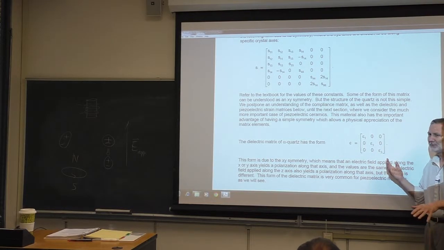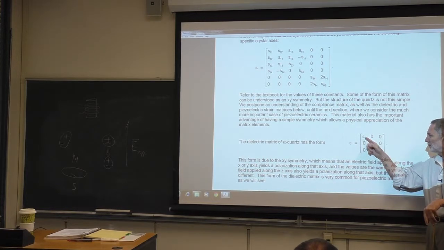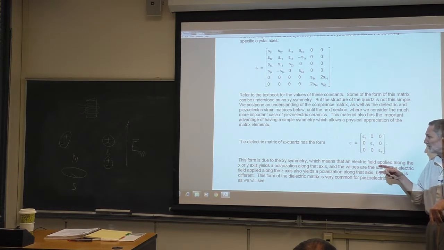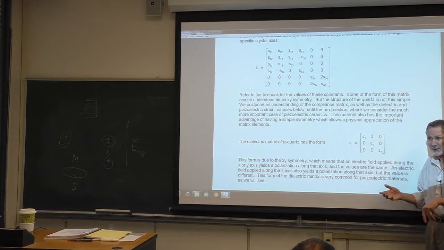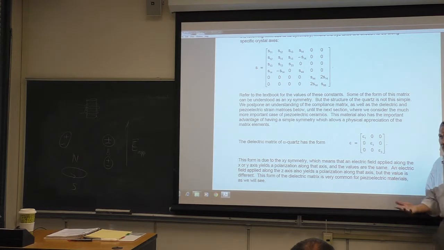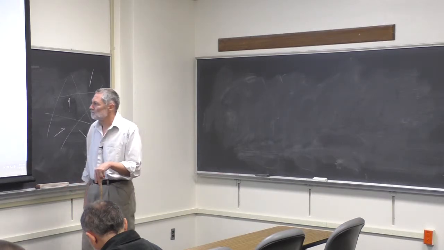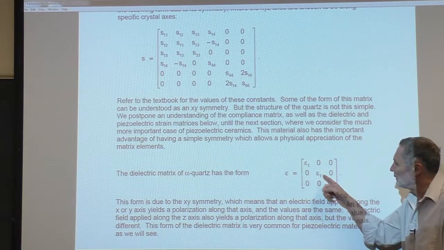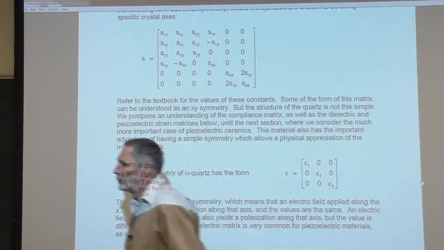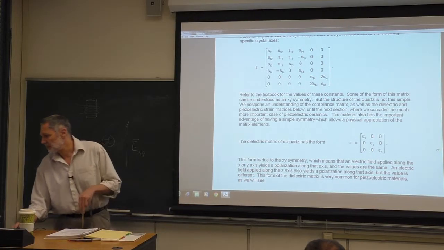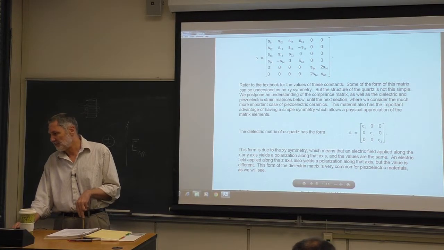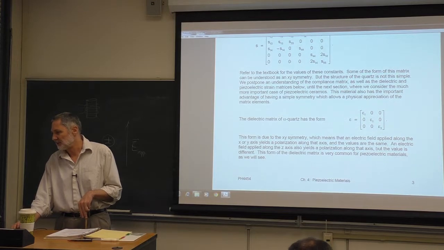The permittivity constant, the dielectric susceptibility, and the relative permittivity constant, they all have the same information. They're used for convenience, but mainly it's just a historical thing. So this is pretty clear, and we'll talk more about it shortly for the piezo ceramics that we're going to be interested in.